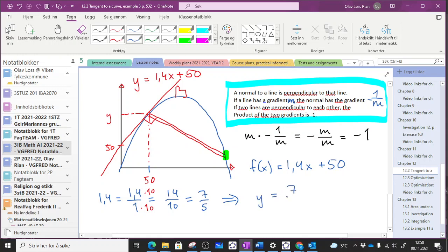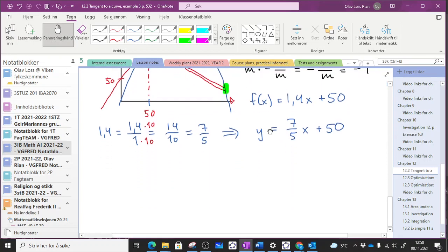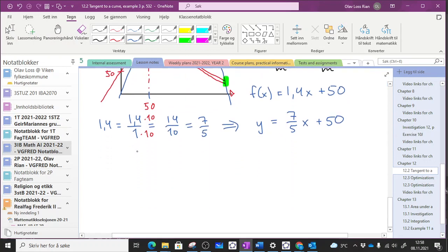So we have indeed a new equation here. We have 7/5 x plus 50. So that's the same number. 7/5 is the same as 1.4. And there's a good reason why we want to write this as a fraction.